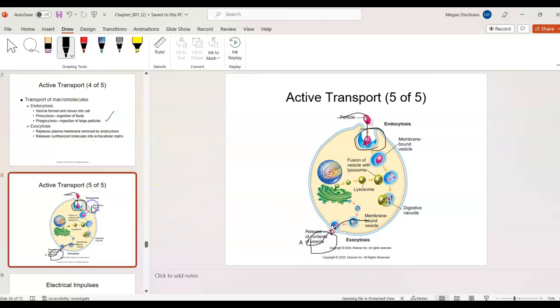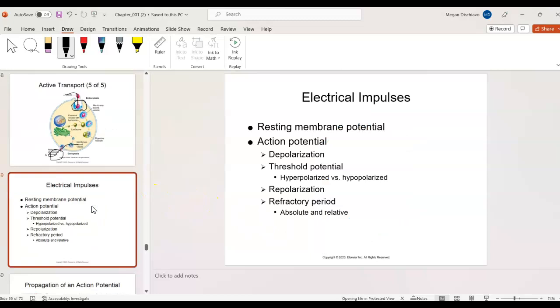Okay. All right. Electrical impulses. So this will include what is called an action potential. Now, an action potential is what makes muscles and nerves work. An action potential is an electrical signal.